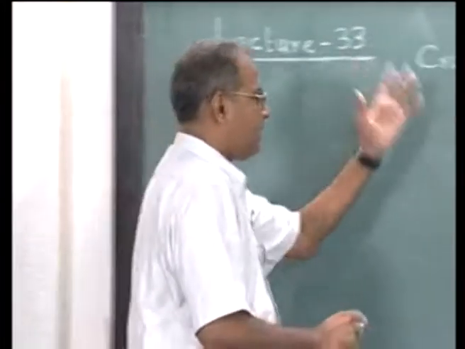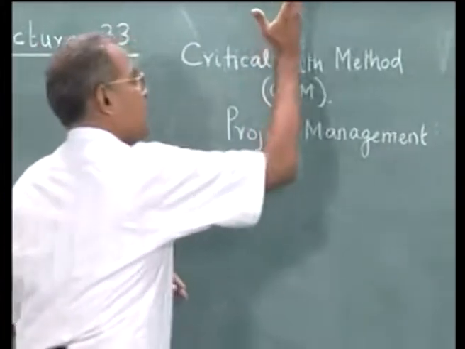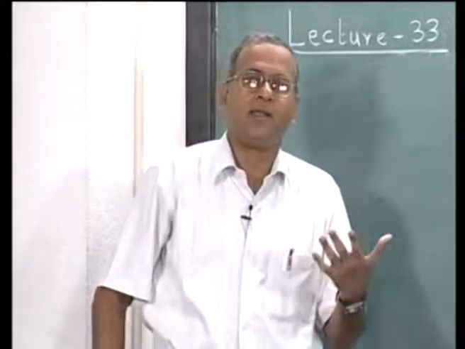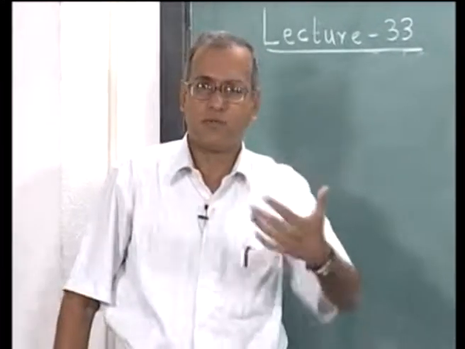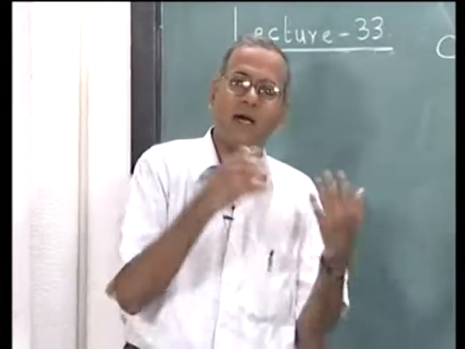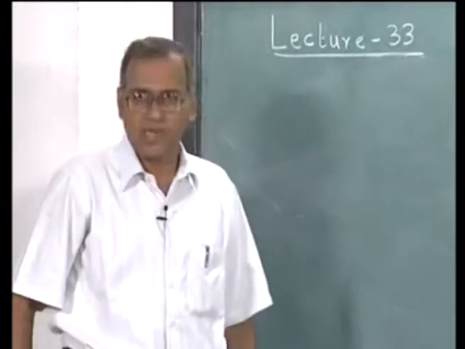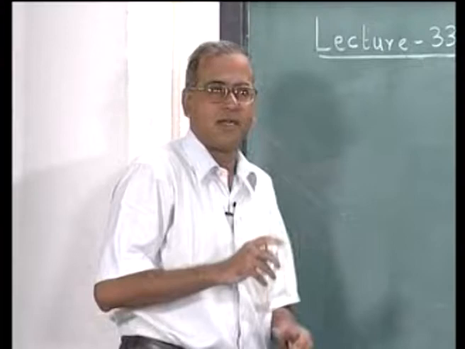The critical path method talks about, if there is a project that has to be executed, how quickly can this project be executed, or what is the earliest time in which this project can be completed.